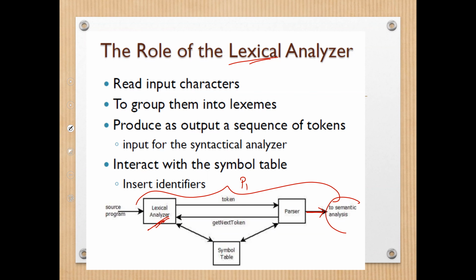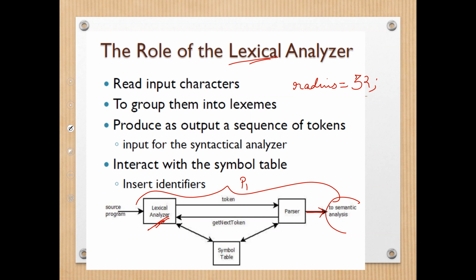Now let's see what happens in this particular stage. Imagine you have something like this: radius equal to 32. Imagine you have a code like this in your program. Let it be any programming language, C or CPP or Java or Basic or Fortran. Be it any language, you will have somewhere a code like this.